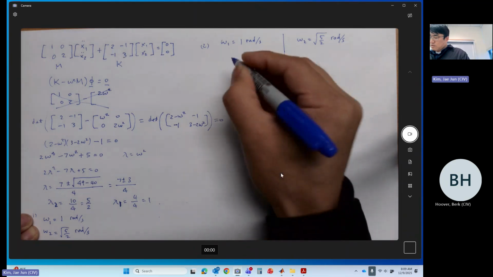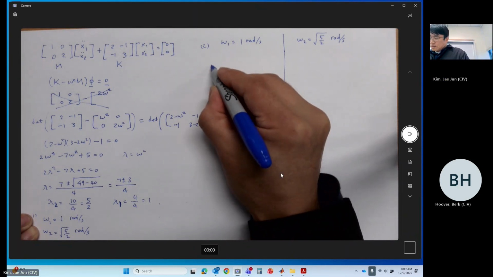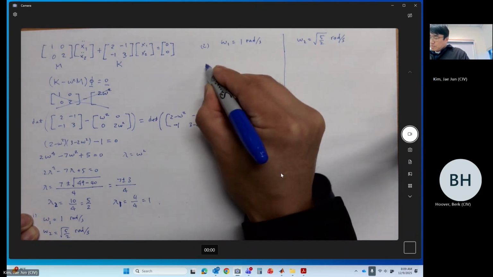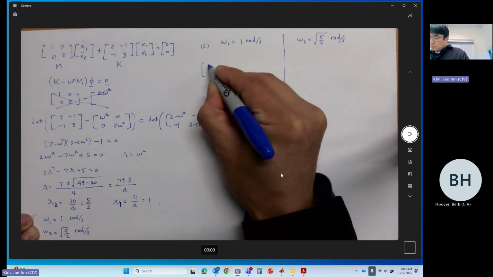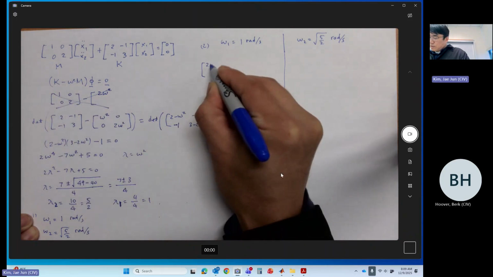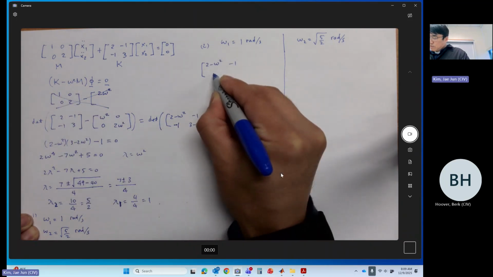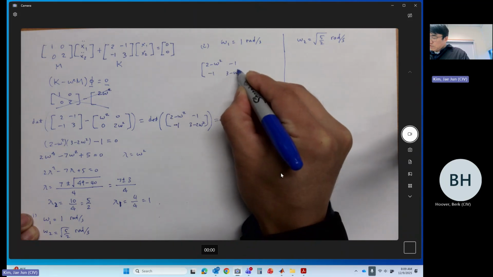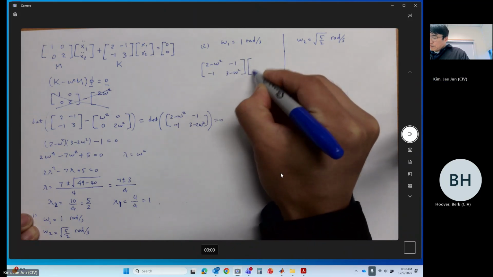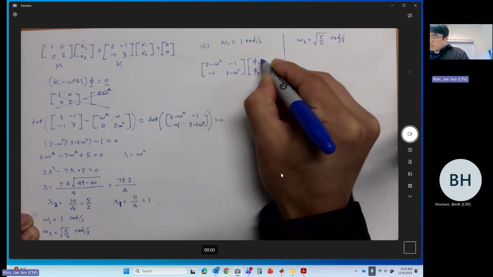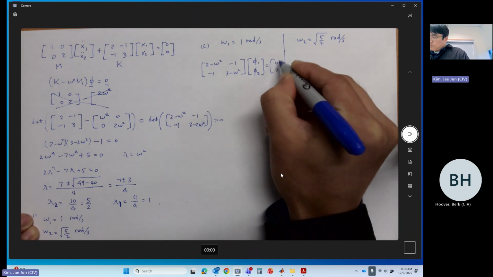So this is 2 minus omega squared, minus 1, minus 1, 3 minus omega squared, times P1 P2, which has to be 0 0.